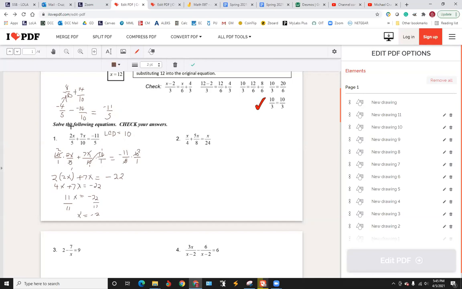They just did this in morning class. All right, let's see. What did I do? 4 fifths. So we have to double this to give it a 10 denominator. And this ends up being plus, because negative times a positive gives us negative 14 tenths.